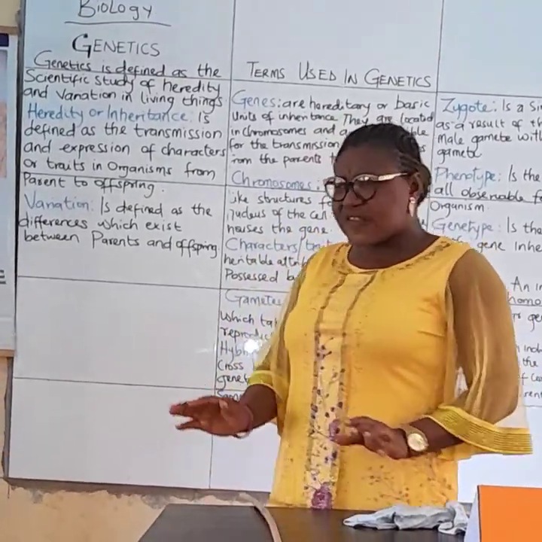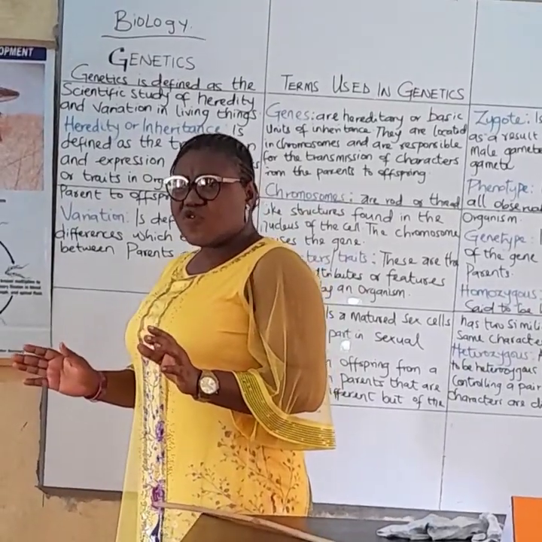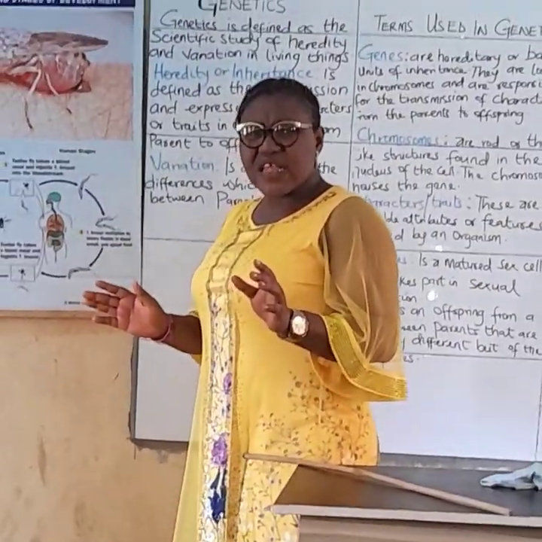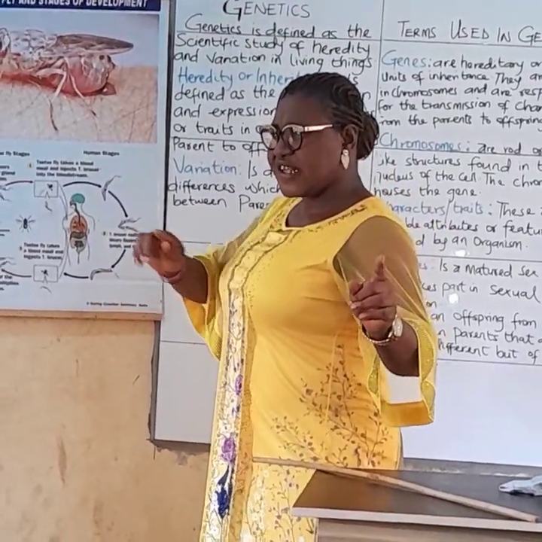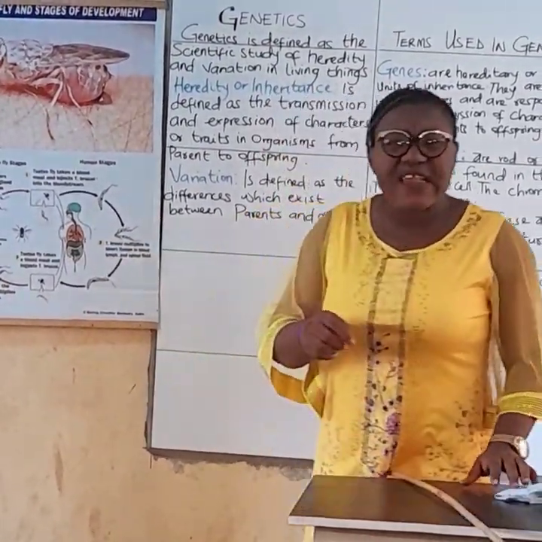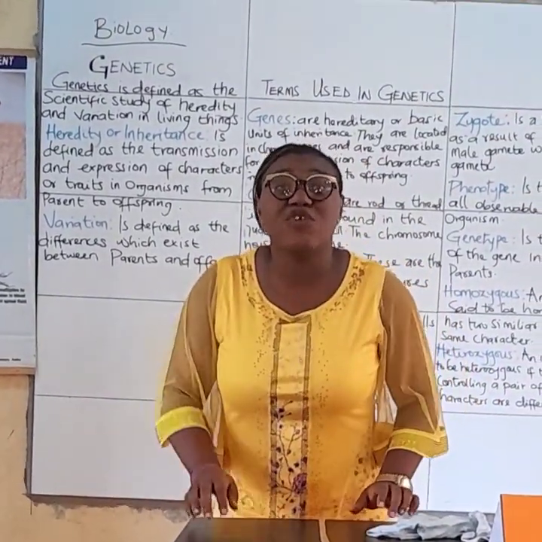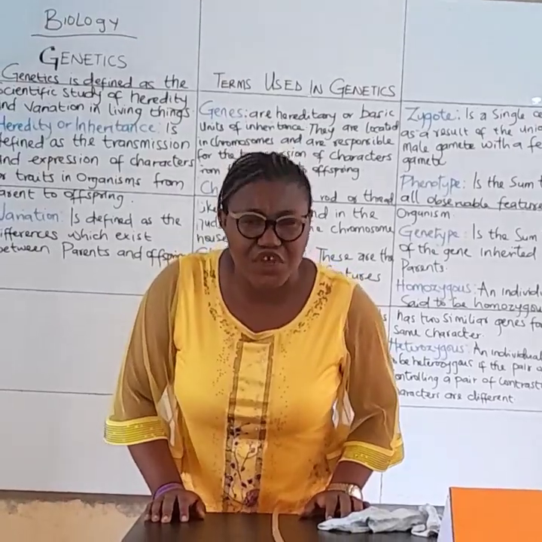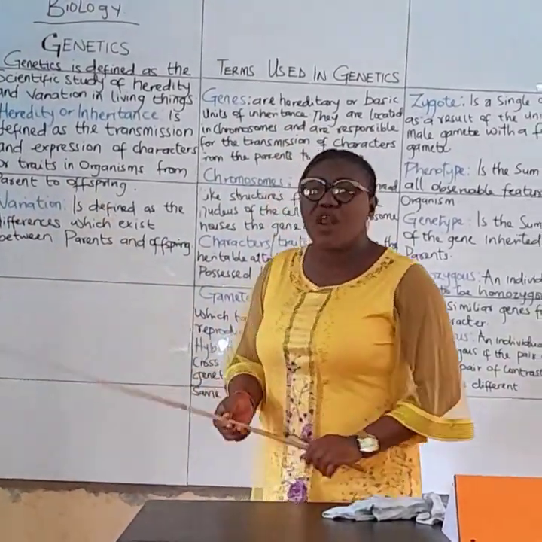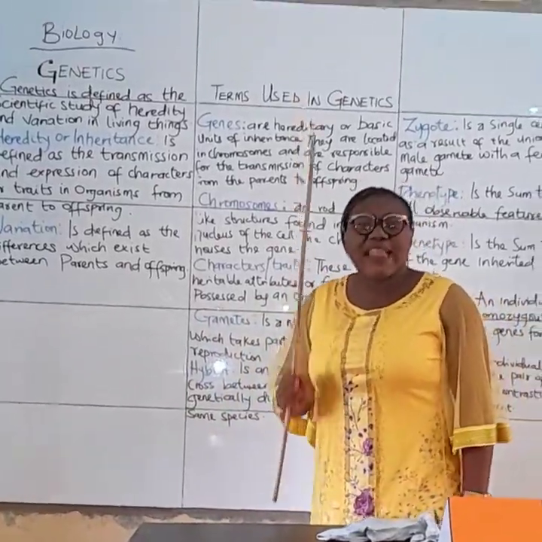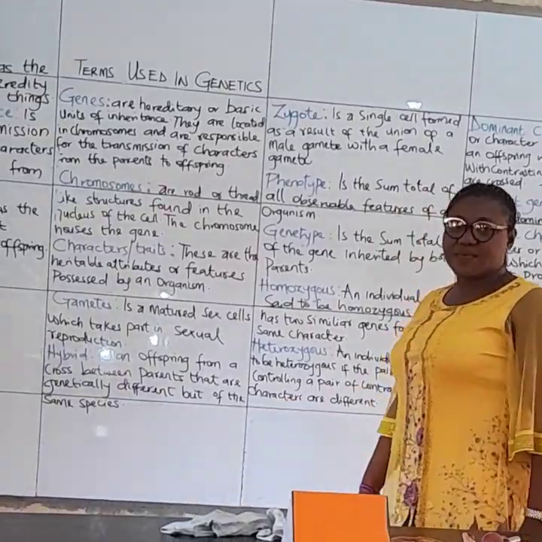But when you stand and your parents stand, someone can distinguish and say that this is this person's parents and this is the child. That difference that exists between the parents and the offspring is what we call what? Variation. So now we are going to look at some terminology associated with genetics.